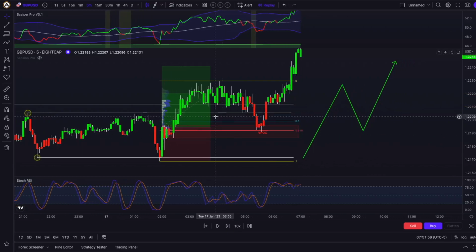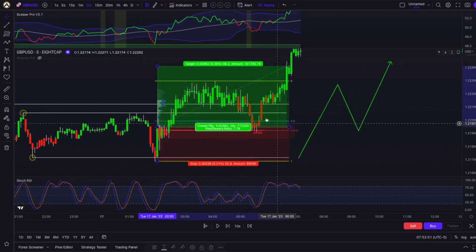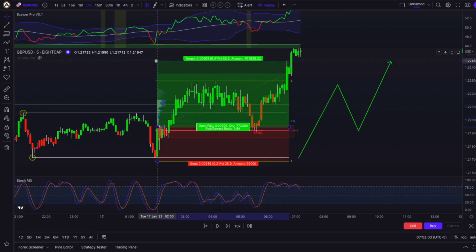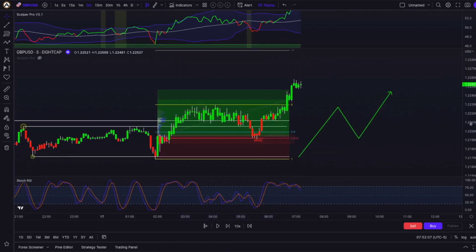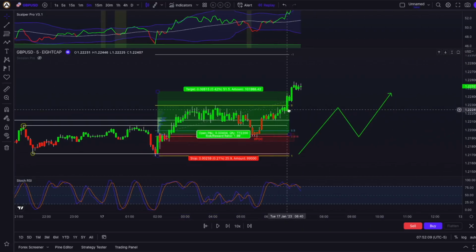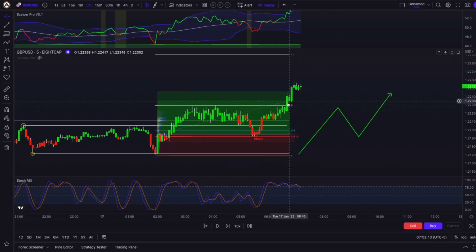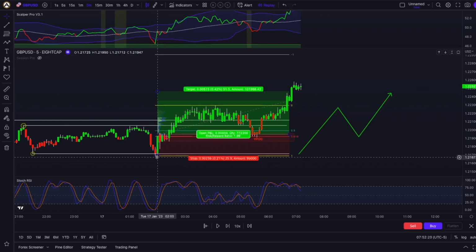Price continued rallying to the upside. We would have hit our initial take profit target from our London kill zone opening candle, continued further up higher, and for a rough measurement of how high the price can possibly go or reach, we basically use the low of our range right here, of our breakout.